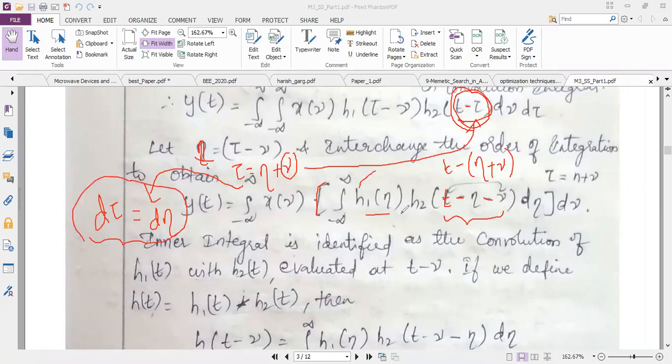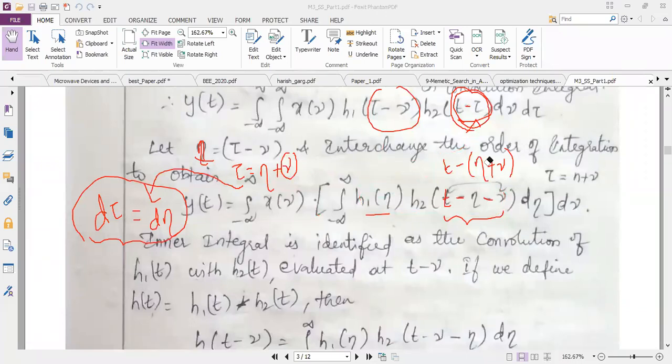Because in this equation, if you see, you do not have any tau term. All the tau terms we have already replaced. One term was tau minus mu, which we kept as eta. In h2 of t minus tau, this tau is also missing, because I have replaced it with eta plus mu. So all the taus are missing.